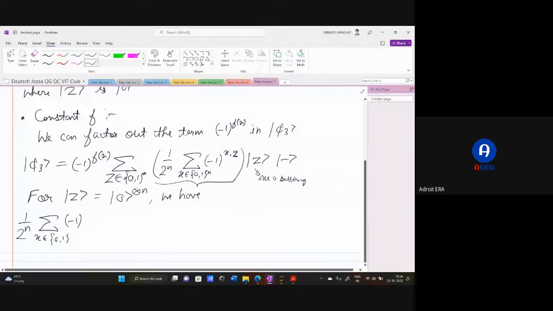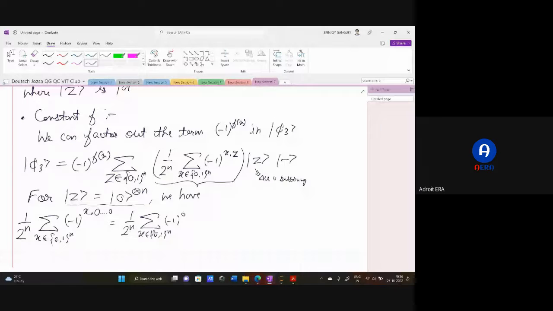Now x multiplied with z, where we have said that ket z is all zeros, so 0 dot dot dot 0. Then we have 1 upon 2 to the n, summation over x belonging to 0,1, and then minus 1 to the power 0, because anything multiplied with all zeros is 0, and anything to the power 0 is 1.